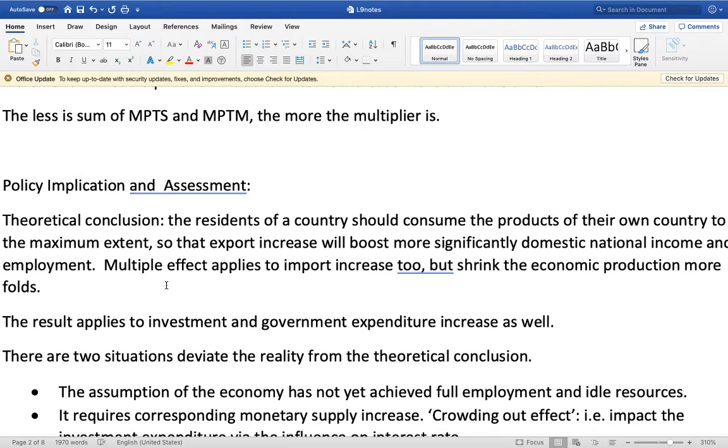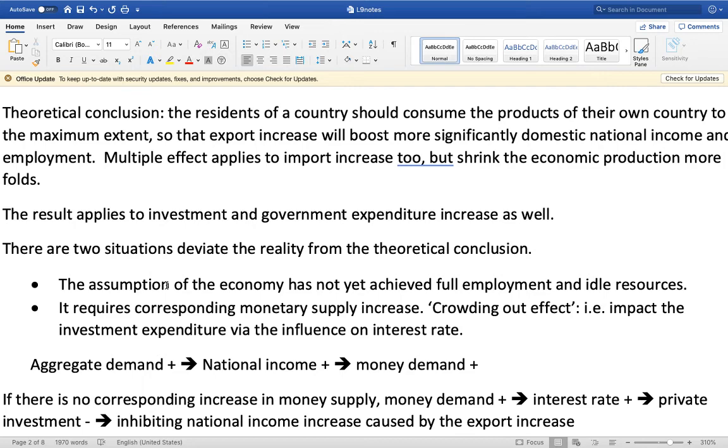So what is the implication of this effect? The multiplier effect analyzes the situation that, when the result applies, there are two situations that might deviate reality from the theoretical conclusion.